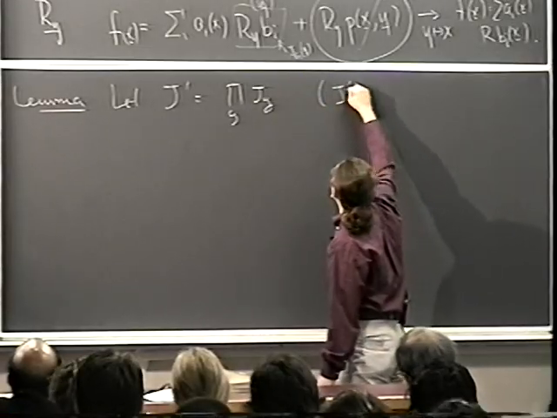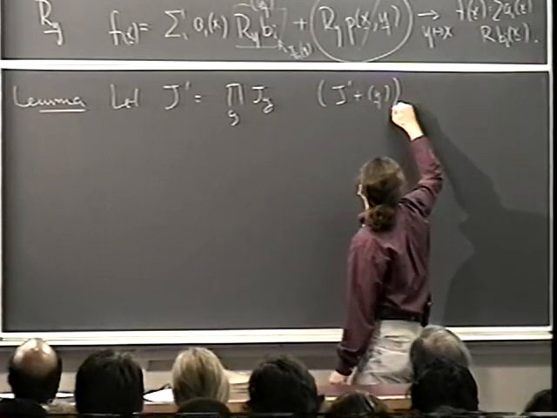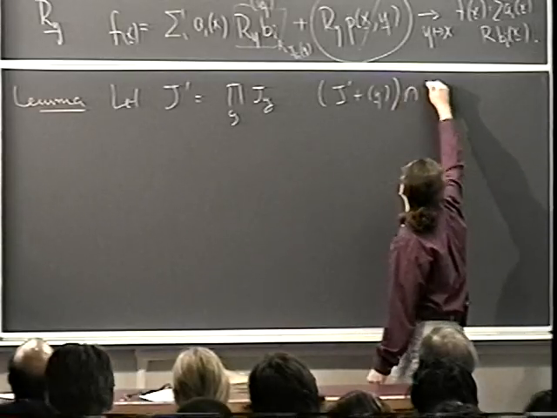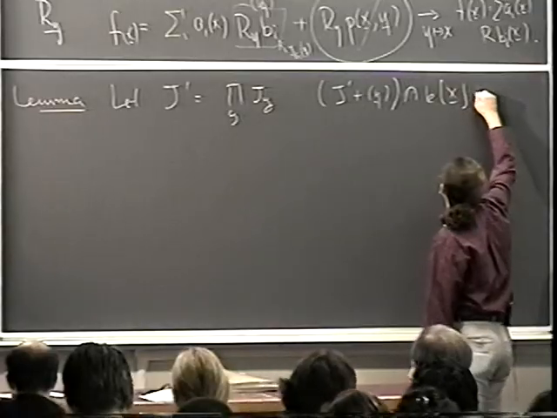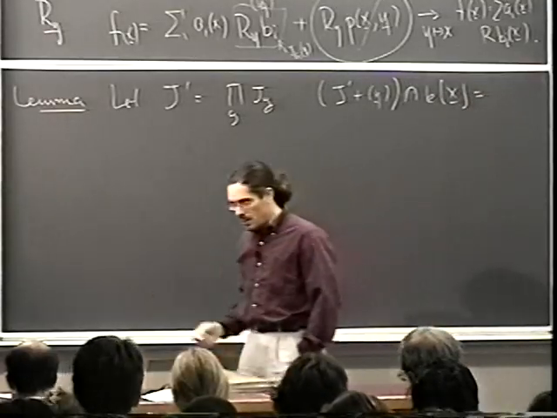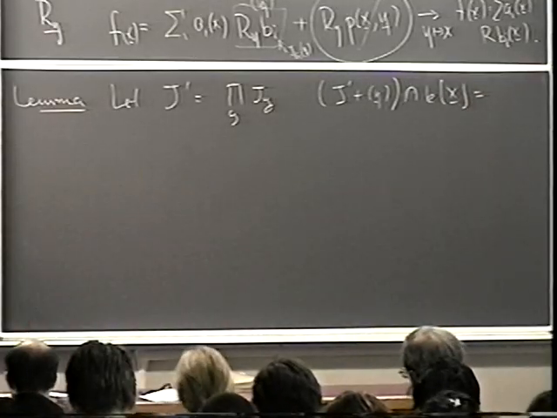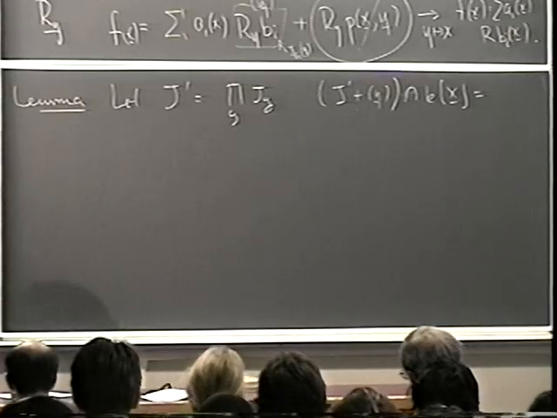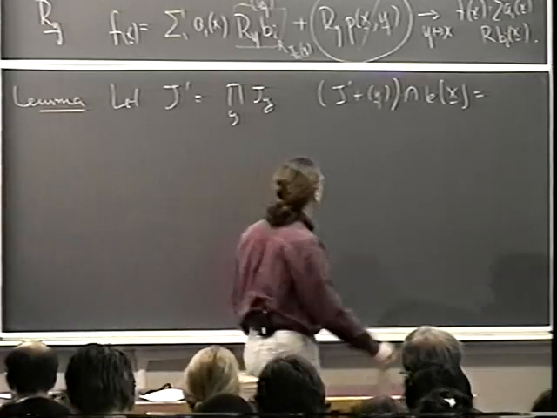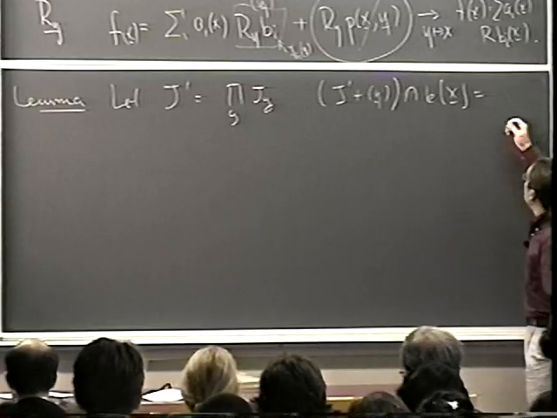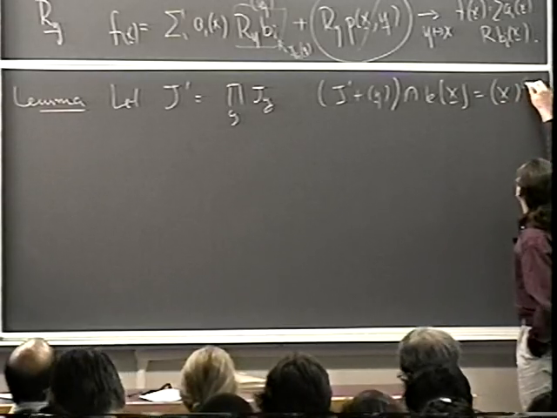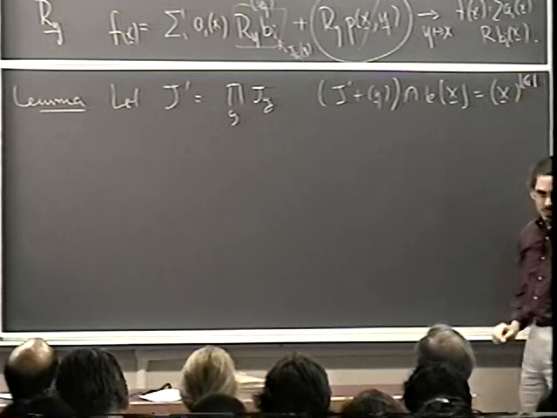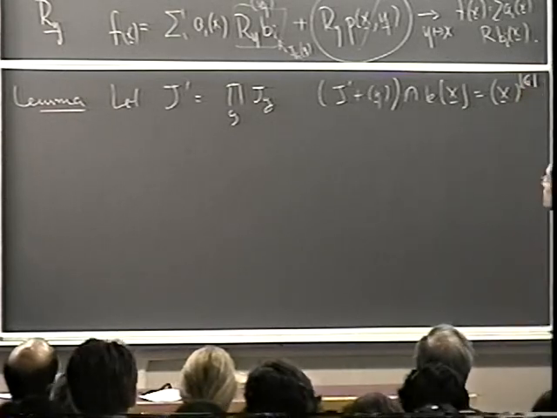Let's try to figure out what J prime plus (y) intersected with K[x] is. What's the scheme-theoretic intersection of the product of the ideals of these linear subspaces with the zero fiber in the y's? It's exactly the order-of-G-th power of the ideal generated by the variables.